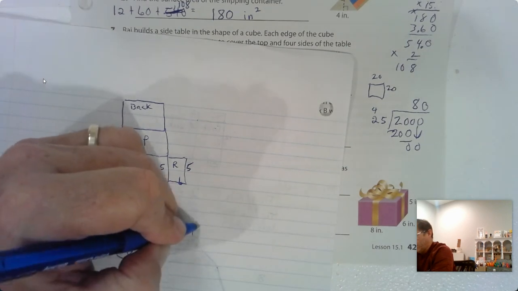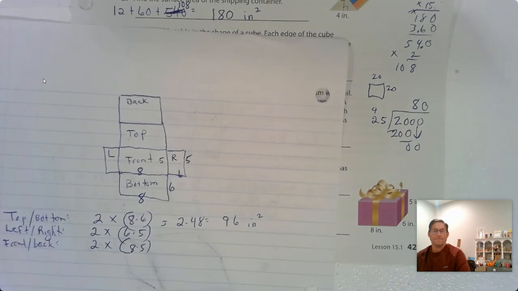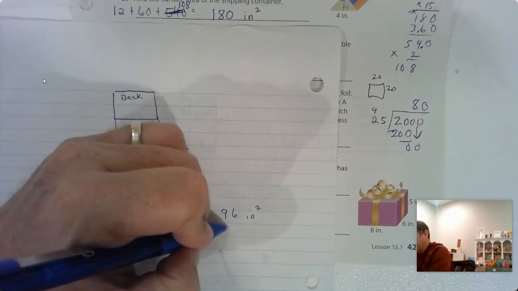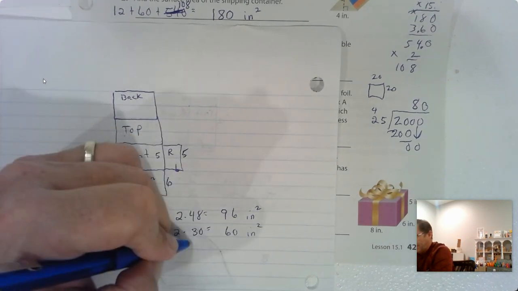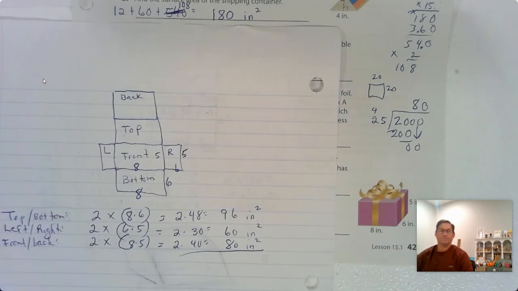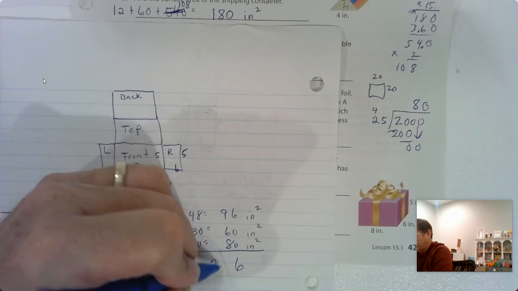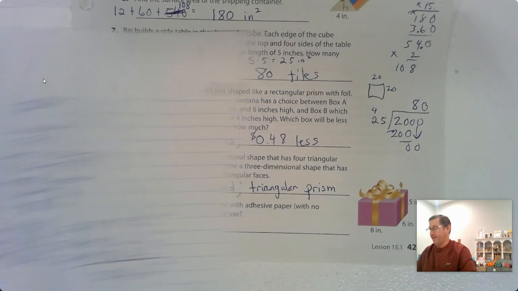So 2 times 48 is 96 square inches. 2 times 30 is 60 square inches. And 2 times 40 is 80 square inches. Add those up to find the surface area. 236 square inches.